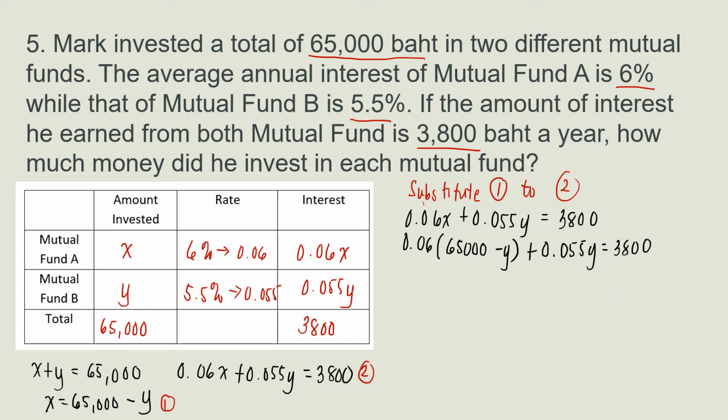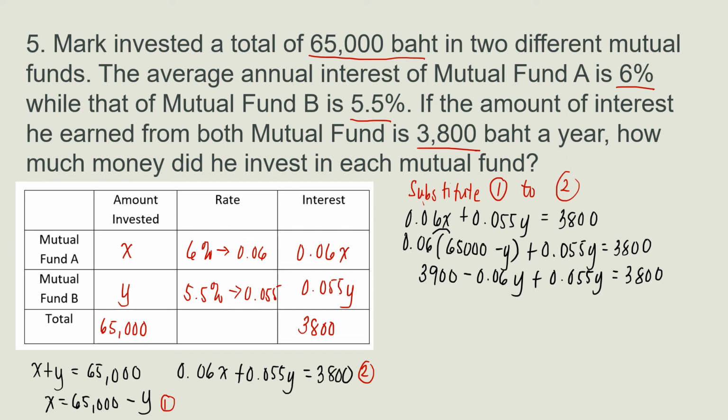Now multiply 0.06 to all the terms inside your parentheses. 0.06 times 65,000 is 3,900. Next, 0.06 times negative y is minus 0.06y. Then copy the rest, plus 0.055y is equal to 3,800.